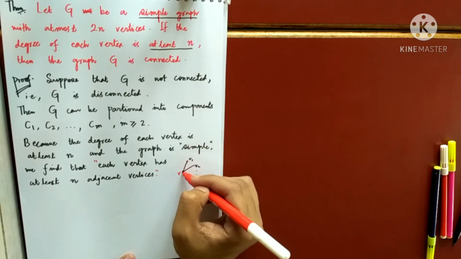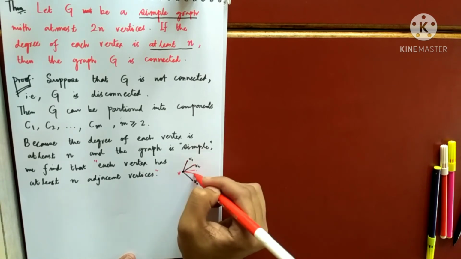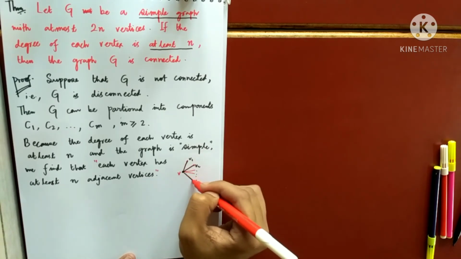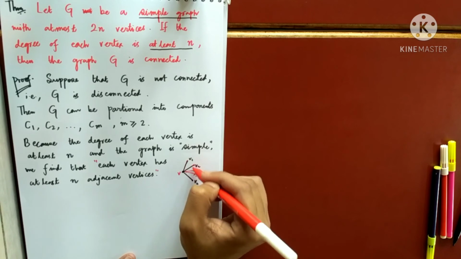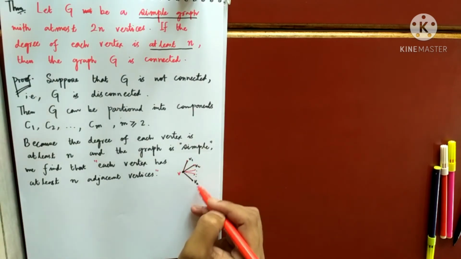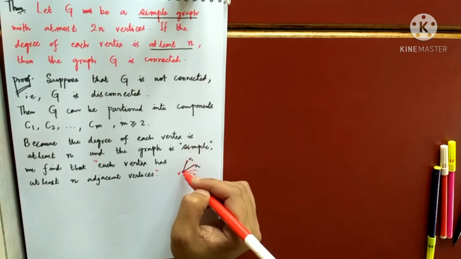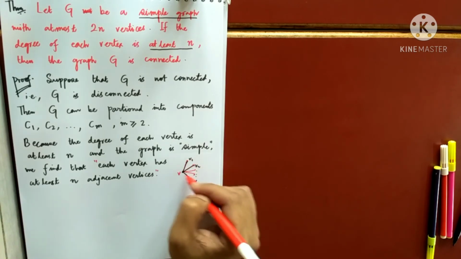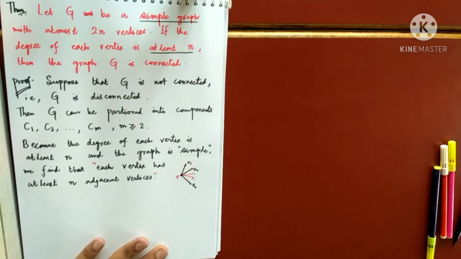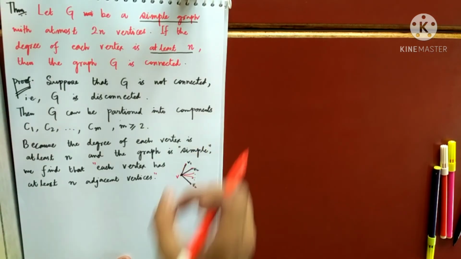Why? Because in the class of V, all these vertices are there, because I can find a walk from V to any of these vertices. So any component will have at least n plus 1 vertices.